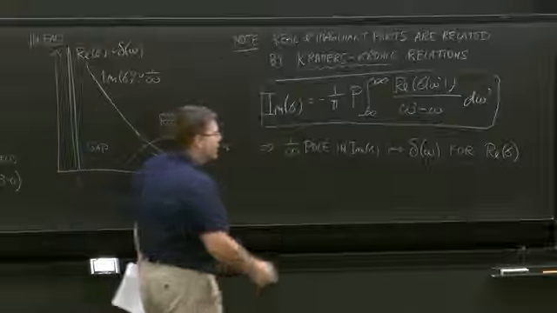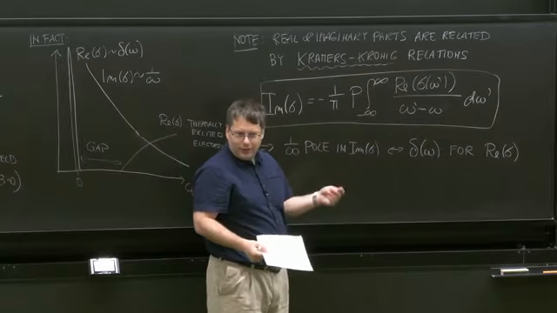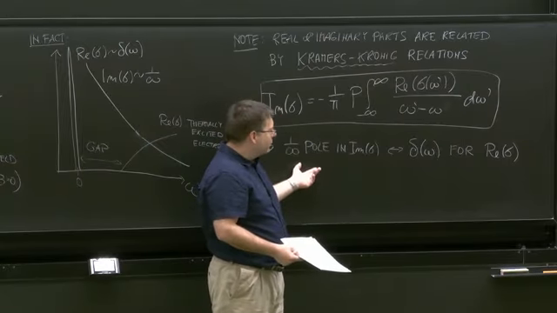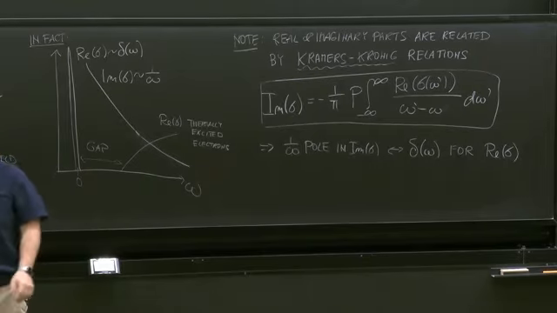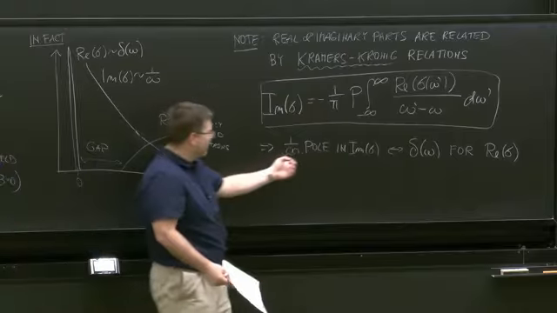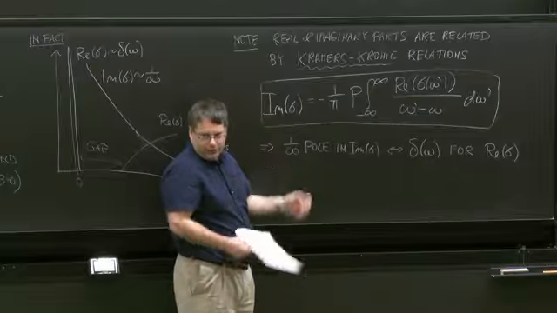The reason I am saying this is that people study these things numerically on the AdS side, and it's very difficult to identify that you have discovered a delta function. On the other hand, discovering a 1 over omega pole in the imaginary part is reasonable numerically.